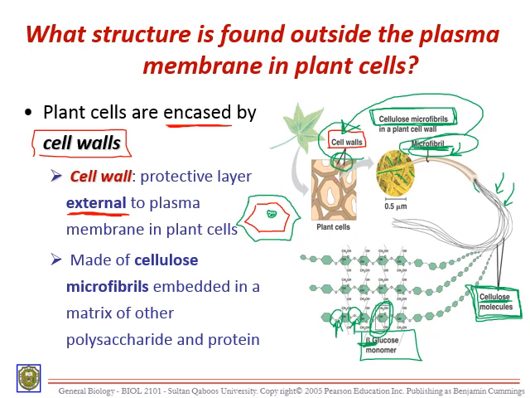Okay, so they are made up of cellulose microfibrils, and these cellulose microfibrils are actually embedded in a matrix of other polysaccharides and proteins. Okay, so there is a background of other polysaccharides and proteins, not just cellulose microfibrils. All right, so this is the structure of a plant cell wall.